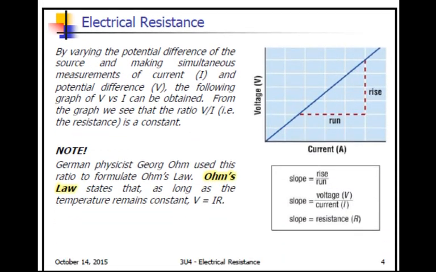If we graph those, we would see a linear graph where as the current increases, the voltage increases at a linear rate. The slope of the line is the resistance. German physicist George Ohm determined this ratio, and he called this Ohm's Law. It's stated algebraically as V equals IR.